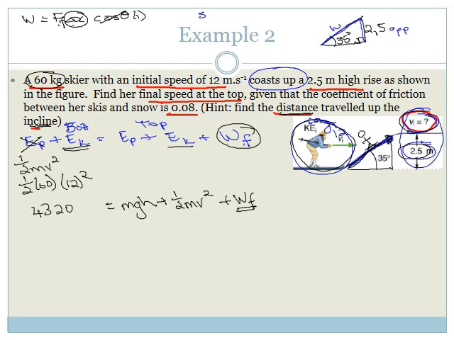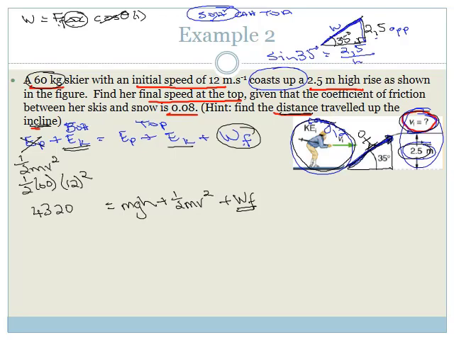So now if we look at SOHCAHTOA, yes, my favorite trig ratios, SOHCAHTOA, we've got the opposite. We want the hypotenuse, so we're going to use sine. So we're going to say sine of 35 degrees equals the opposite, which is 2.5, over the hypotenuse.